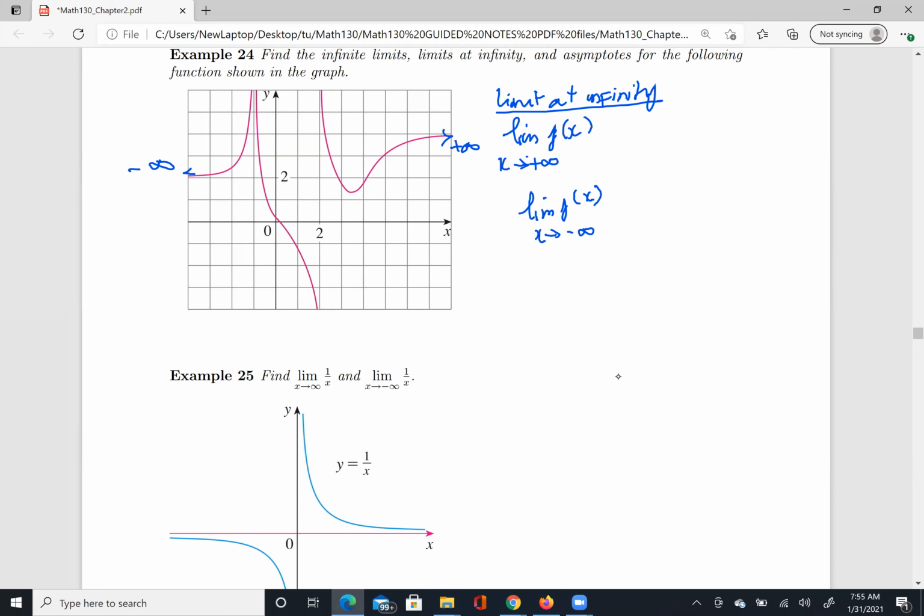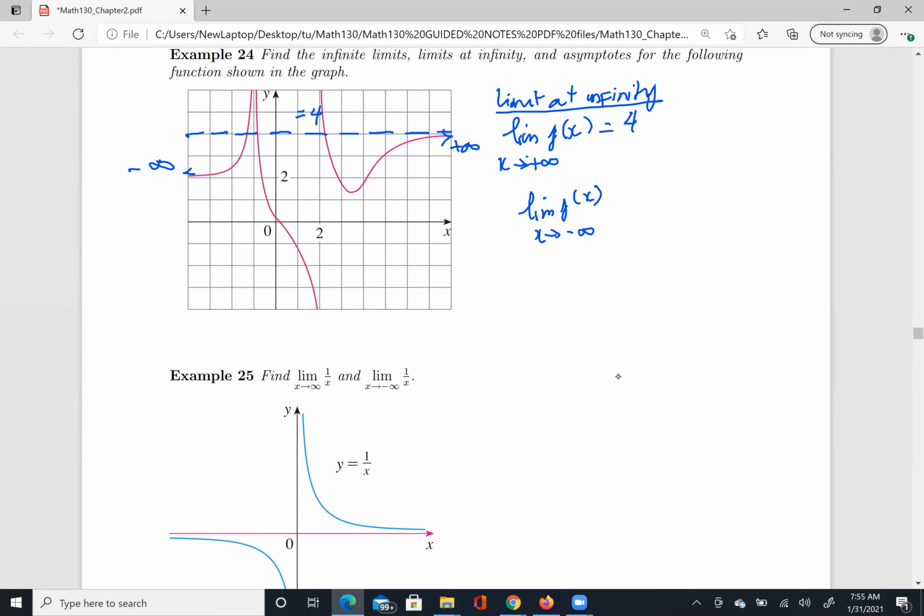You can see that f(x) when x goes to positive infinity goes along with this line, right? You see that? Okay. And what is this line? The y value equal to 4. Okay, so I can write the limit of f(x) when x goes to infinity will be equal to 4.